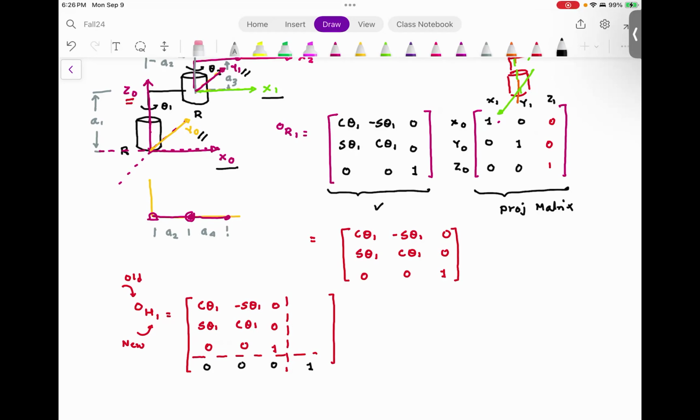Now the question is, what goes here? Once again, I will write down: here, the distance between the 0th frame and the first frame around X in the 0th frame.